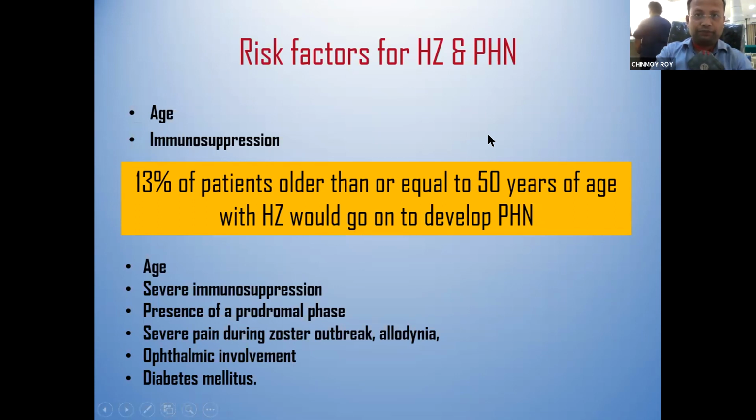The pathophysiology is not well understood. When histology was done, it showed myelin and axon deficiency as well as atrophy of the dorsal horn, so some amount of anatomical derangement is there in post-herpetic neuralgia. Most of the time in neuropathic pain we don't get any anatomical derangement; it is a physiological derangement.